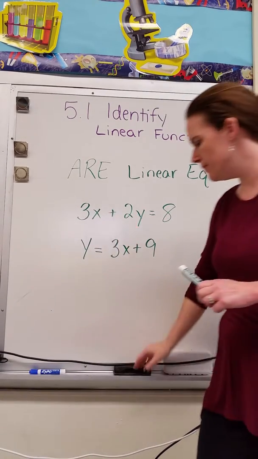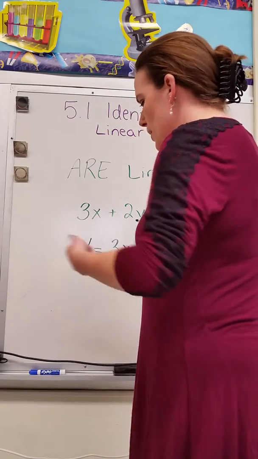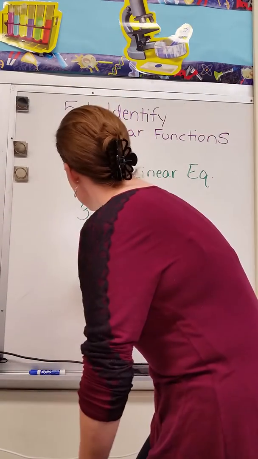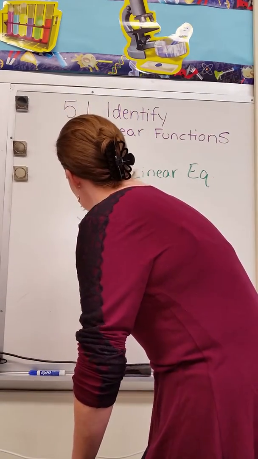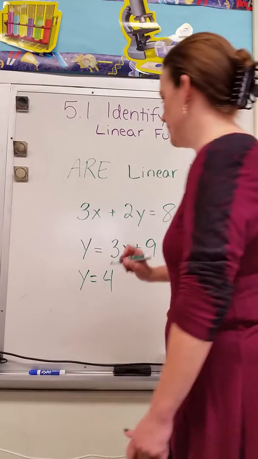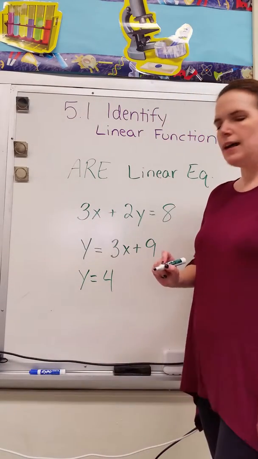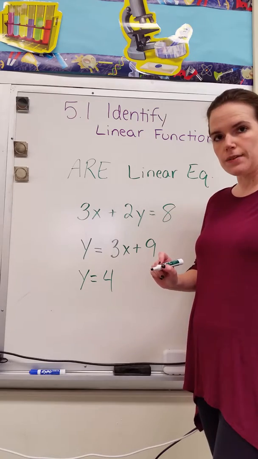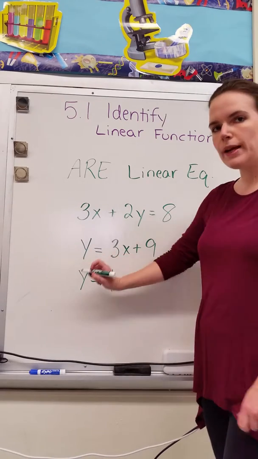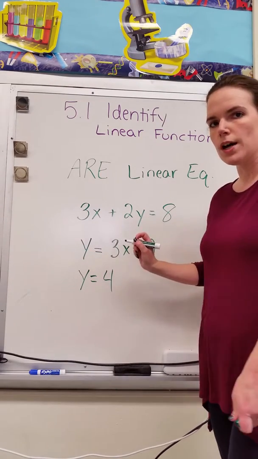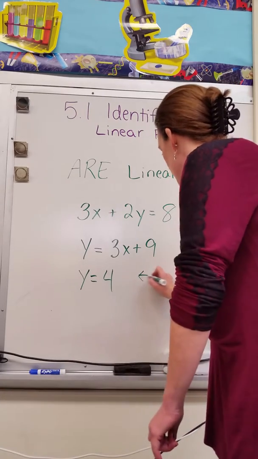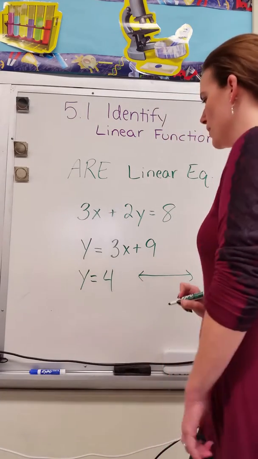So this is good. Another one that would be good, you can actually have just something like y equals 4. That is a linear equation because y equals 4 is just a horizontal line that goes through the 4.